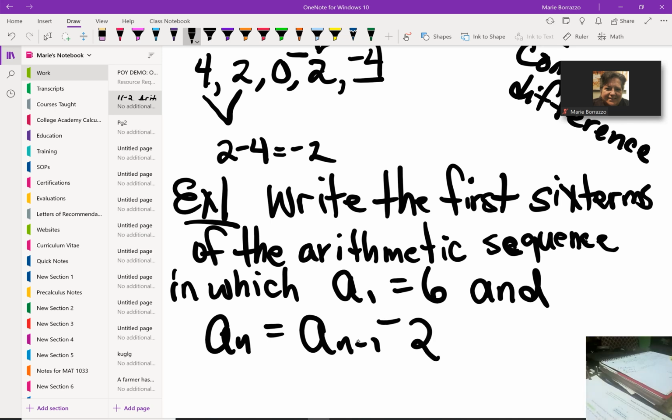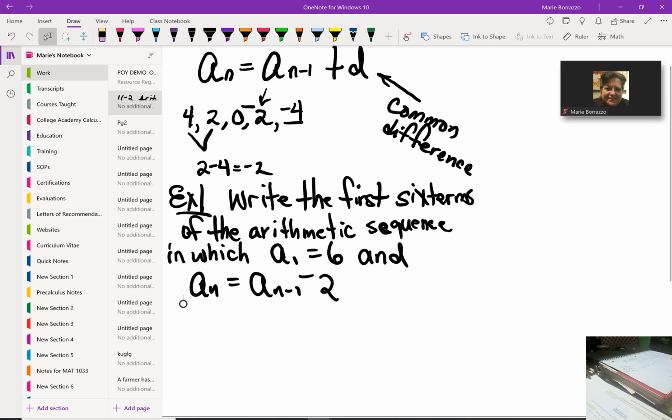If you recall, we did discuss the recursive formula, and I referred to it as leapfrog. This is going to employ that strategy.